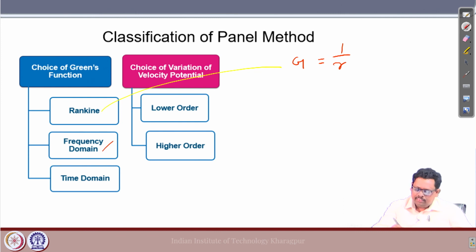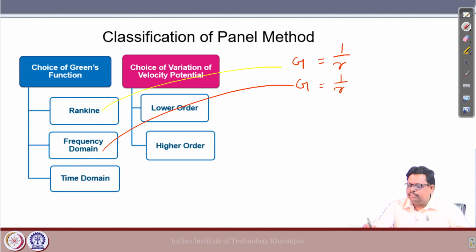Now, in the frequency domain Green's function, I take G equal to 1 upon R plus some function H, which is basically depending on the points P and Q, where P is any point in the domain and Q is the point on the body.